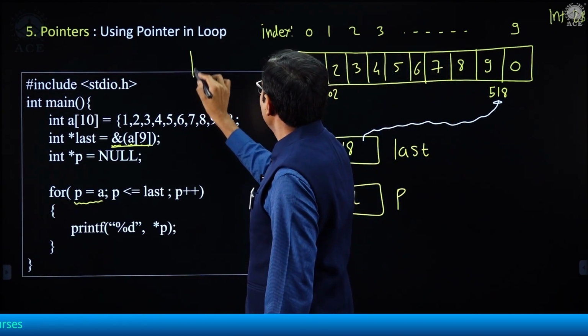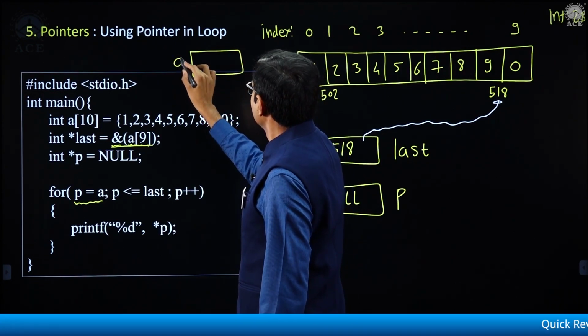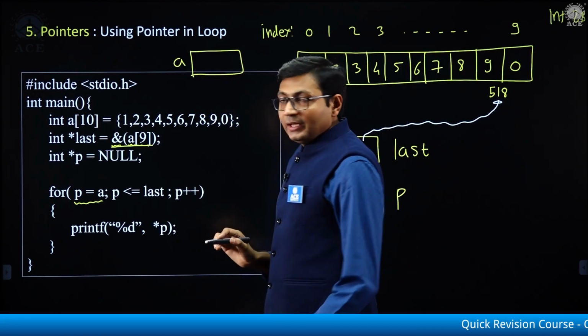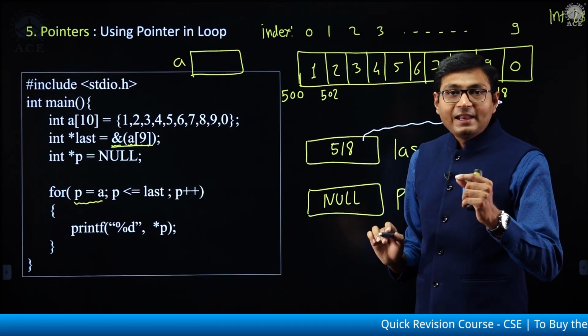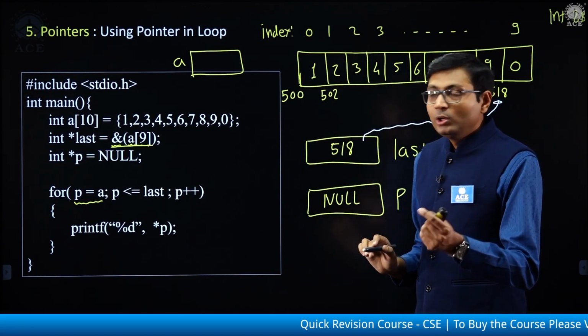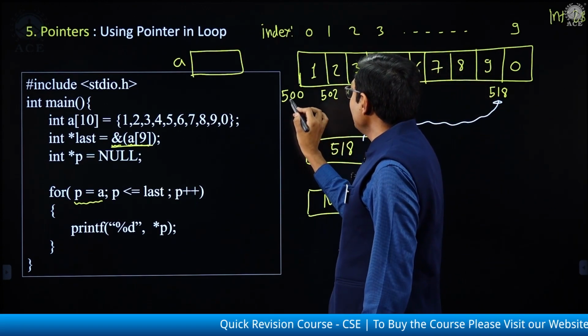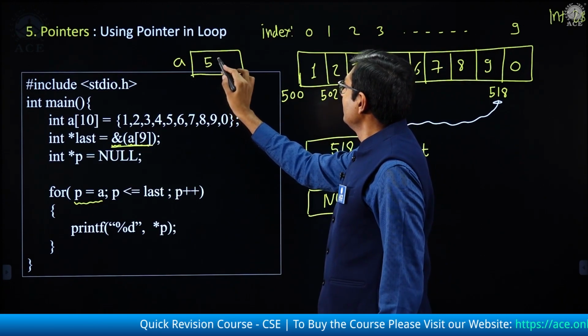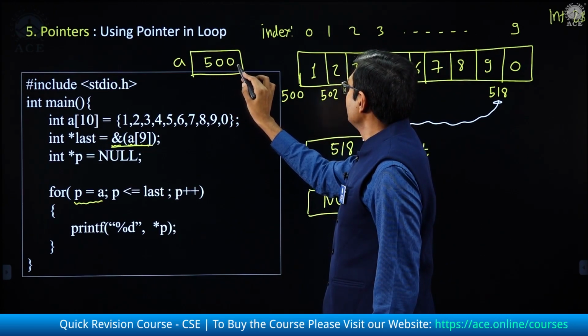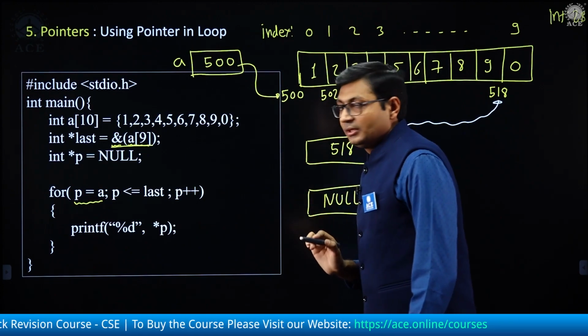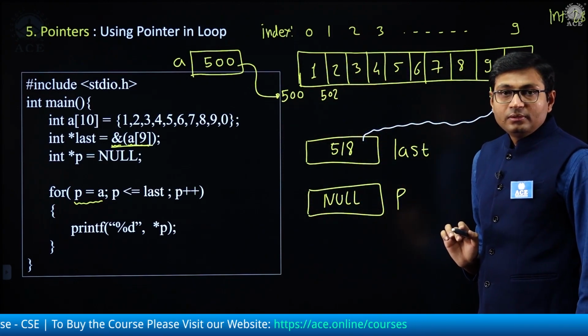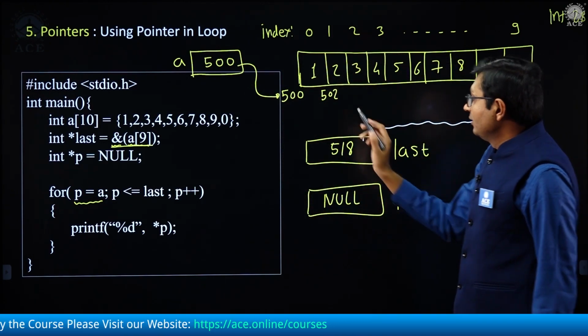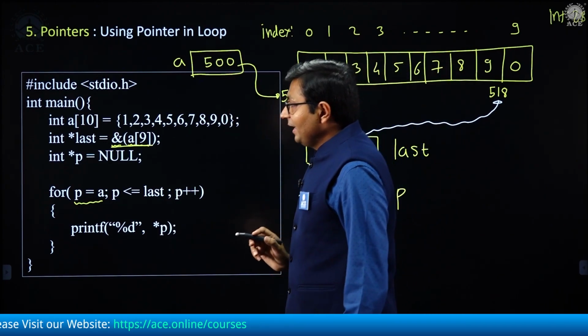So, here is my A pointer. And what the name of the array, that is this constant pointer, will hold? This will hold the start address of the array elements. So, that is how the 500 is stored in the variable A.